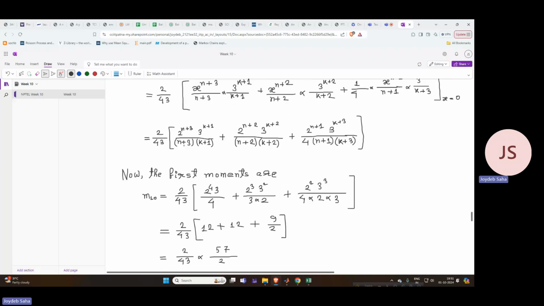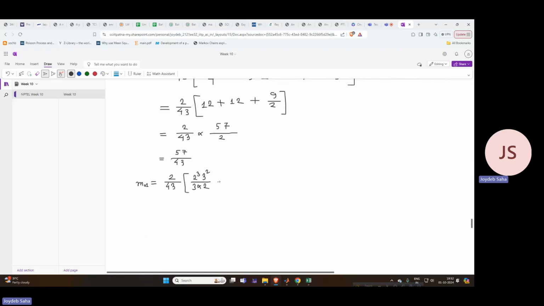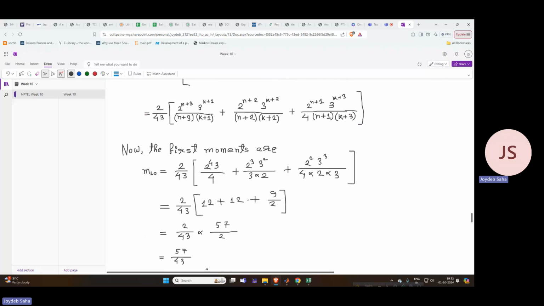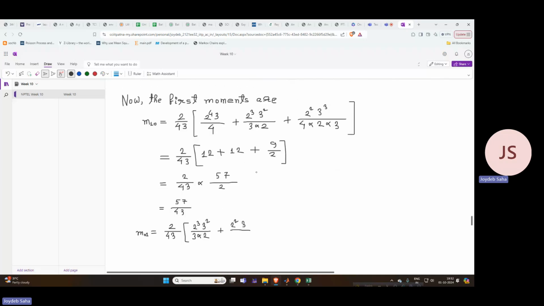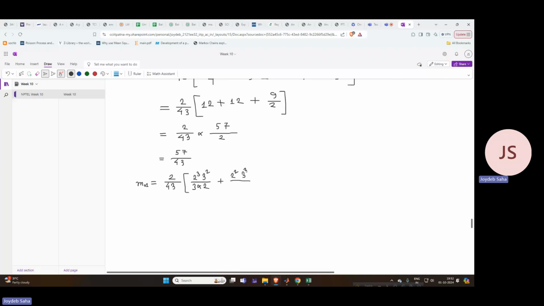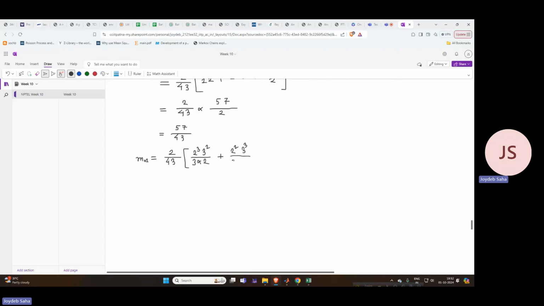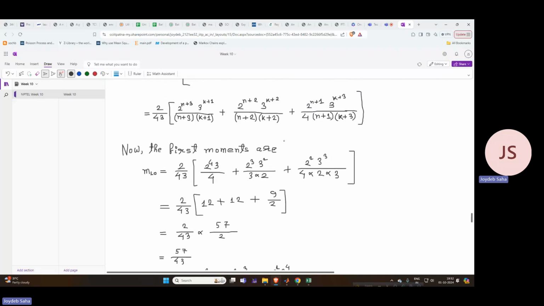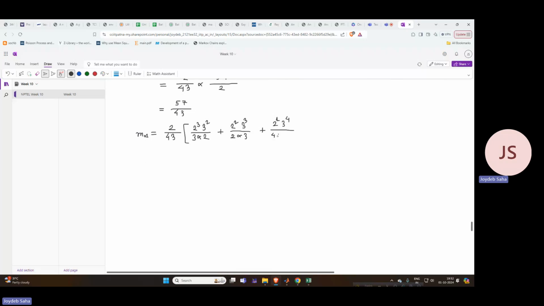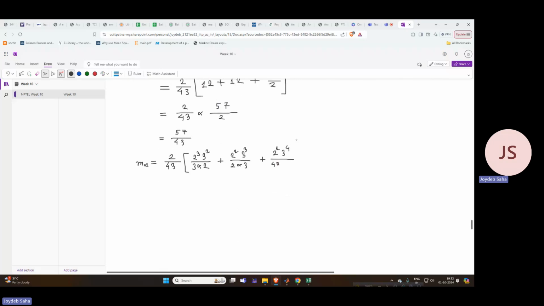Okay, because n is equal to 0, k is equal to 1, plus 2 square 3 cube divided by 2 cross 3, plus 2 into 3 to the power 4 is equal to 2 to the power 1 divided by 4 cross 1 cross 4.